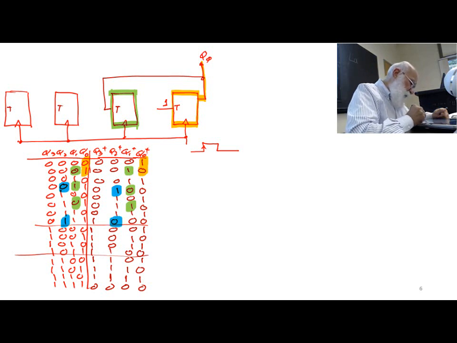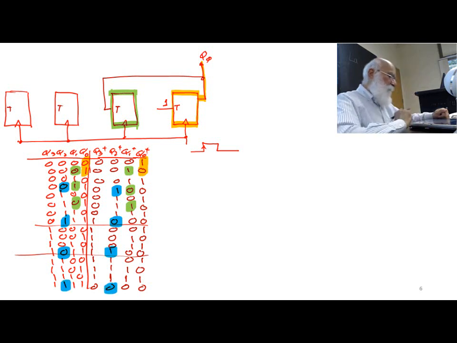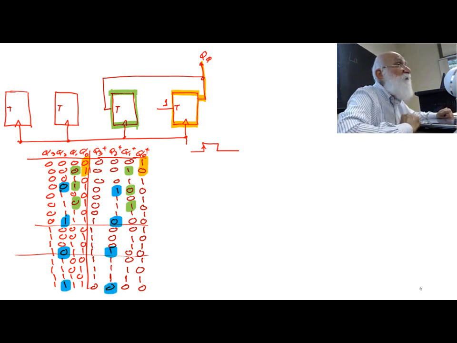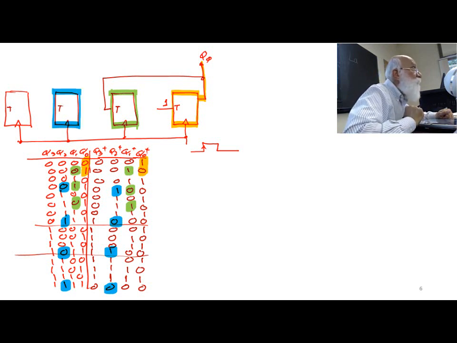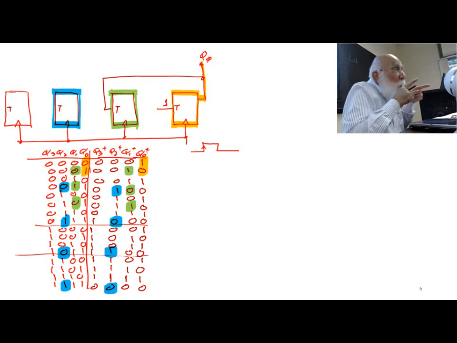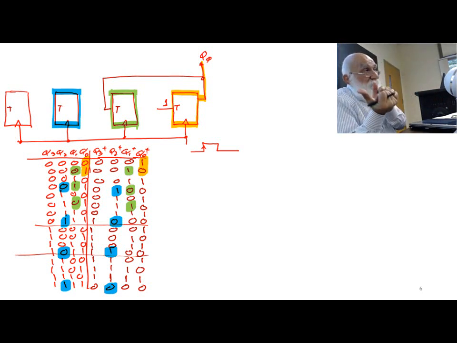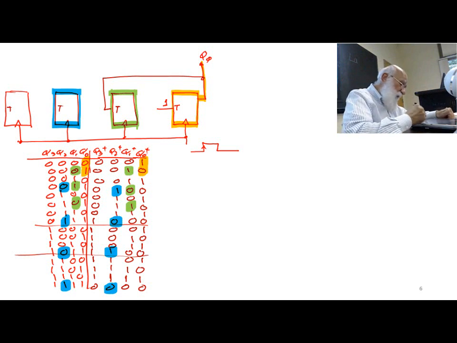It toggles here. It toggles here. And it toggles here. What's your observation now? Say that again. When both flip-flops to its right are both 1. Okay?